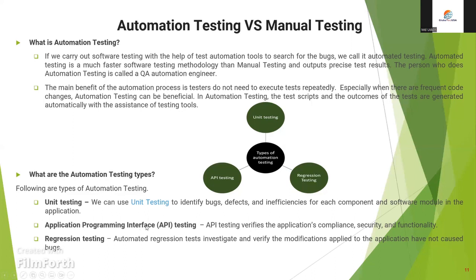Application programming interface, API testing. API testing verifies the compliance, security, and functionality of the application. Whenever you are interacting with one system from another system, how is it interacting? It is interacting through the API modules.